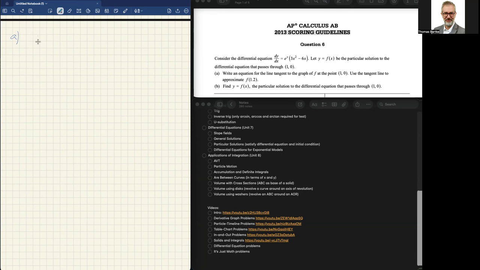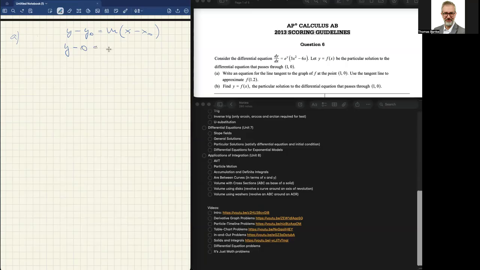An equation of the tangent line generally is shaped like this: y minus y0, the initial y, is equal to the slope, and then x minus x from the initial condition. We already have most of this. Y is 0, right? (1, 0), the y is 0.